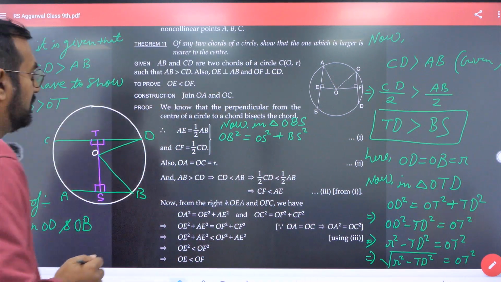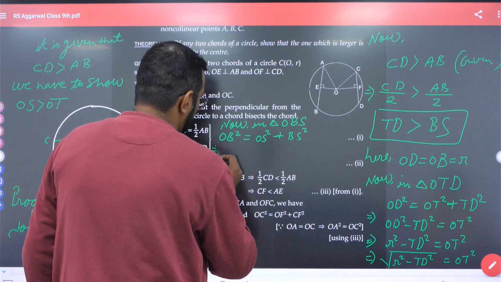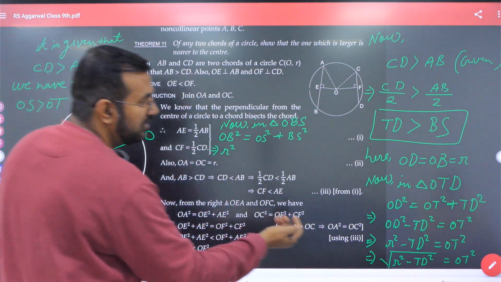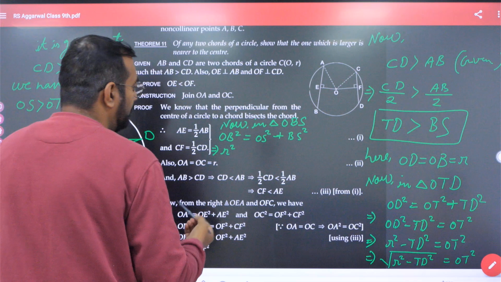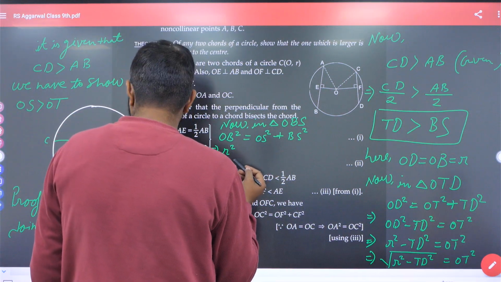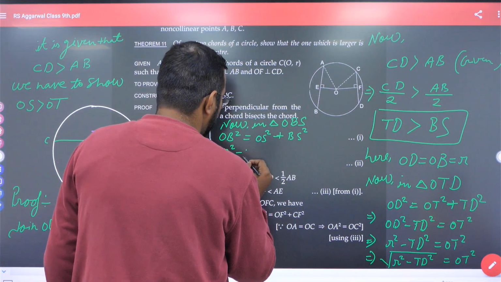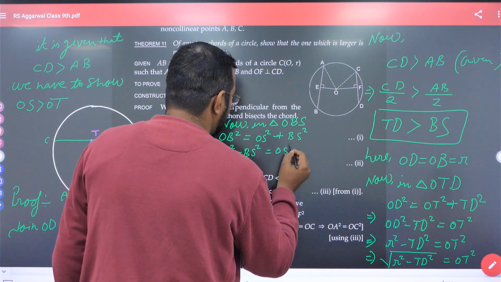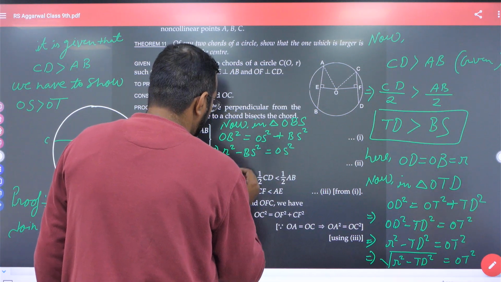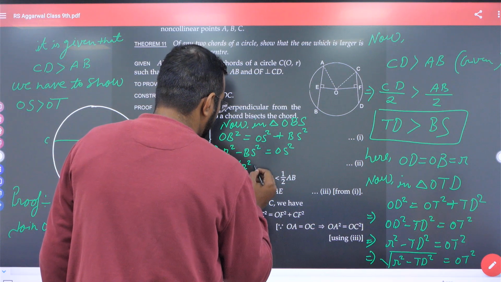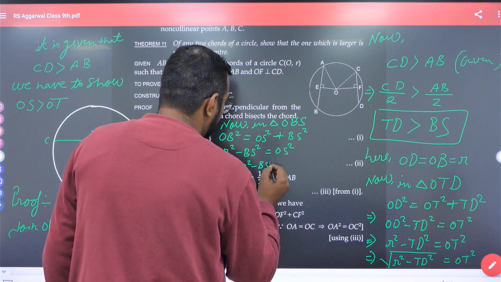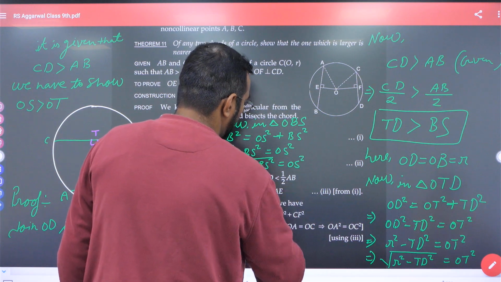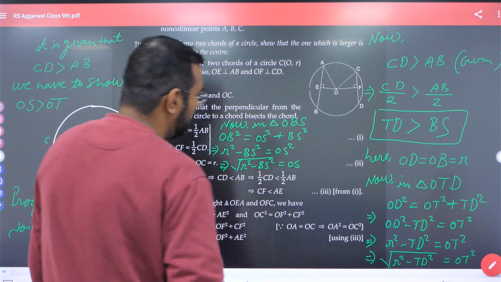ओके बेटा, नाउ इन प्लेस ऑफ OB यू कैन राइट R का स्क्वायर बिकॉज OB इज इक्वल्स टू R है ना, रेडियस, माइनस वी हैव टू फाइंड OS ना, माइनस BS का स्क्वायर इज इक्वल्स टू OS स्क्वायर, और व्हाट वी कैन राइट अंडर रूट R का स्क्वायर माइनस BS का स्क्वायर इज इक्वल्स टू OS, ओनली OS, राइट?